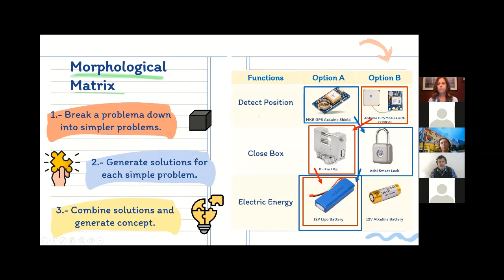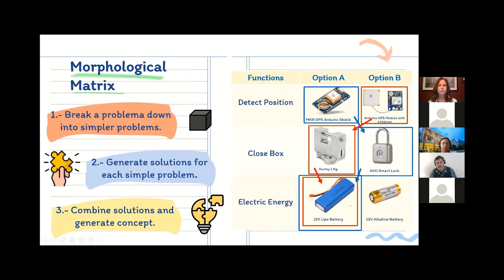So for example, we have the function detect position, and our solution will be to choose this Arduino Shield or this Arduino Shield GPS with EEPROM. And also we have the function of closed box, so we can choose between this lock or this lock.